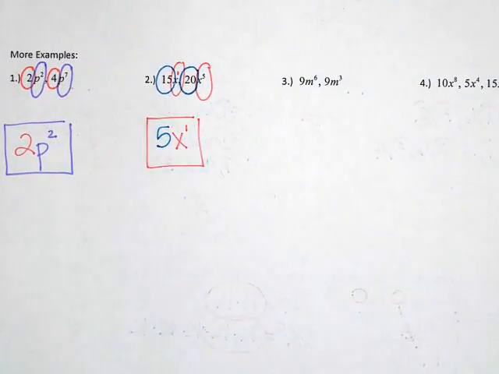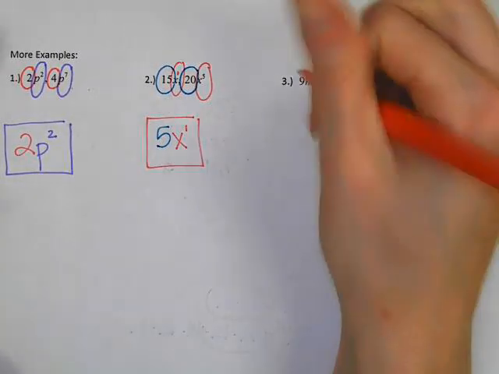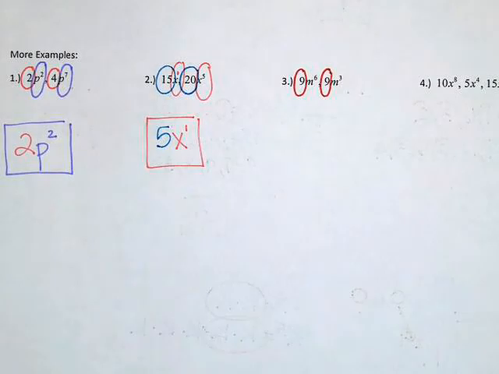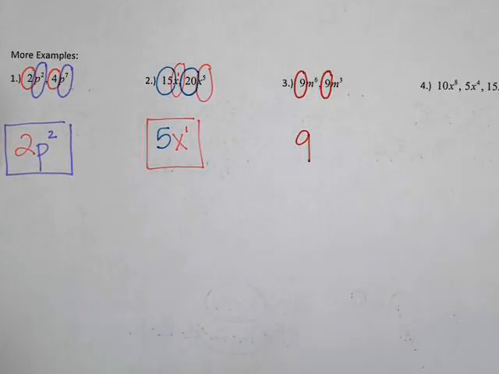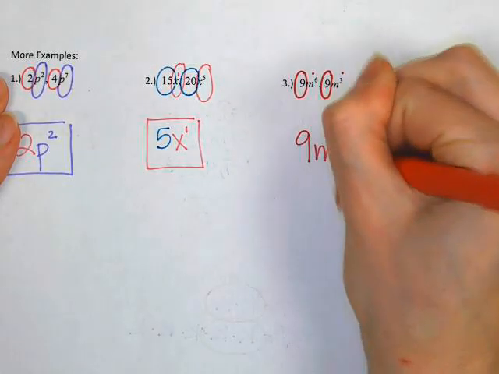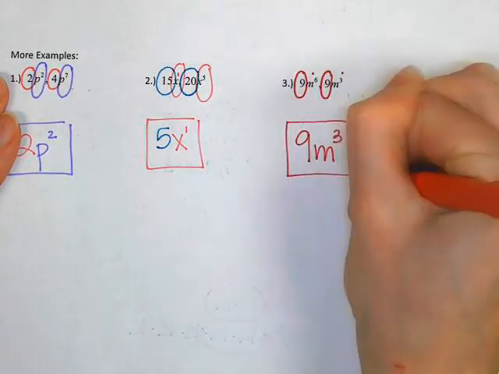And you don't have to write a 1 if you don't want. All right, number 3. Out of 9 and 9, the greatest common factor of 9 and 9 is actually 9. And then it's going to be the smallest power. Out of 6 and 3, the smaller is the 3.